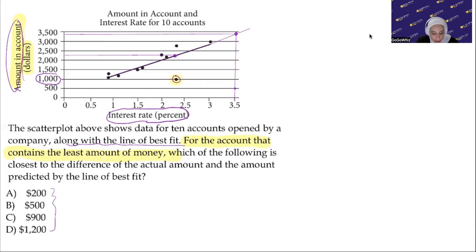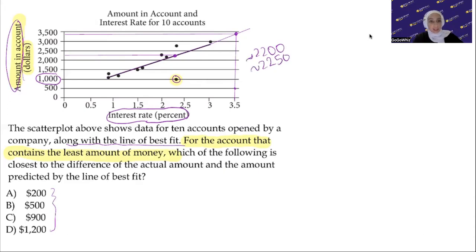We can see the line of best fit predicted around 2,200, maybe 2,250. We're going to say 2,200 or 2,250, just approximately.